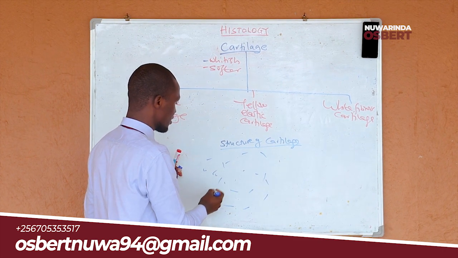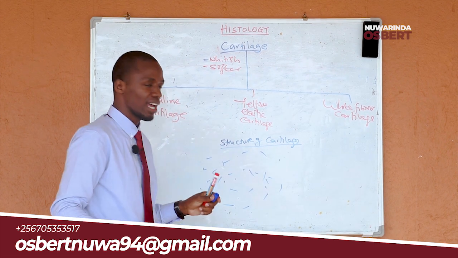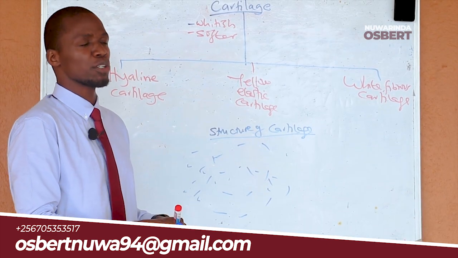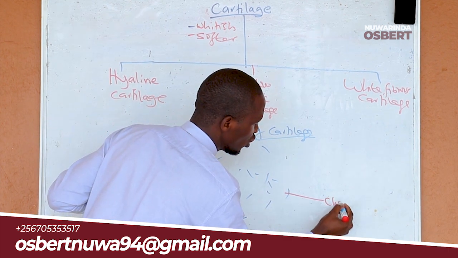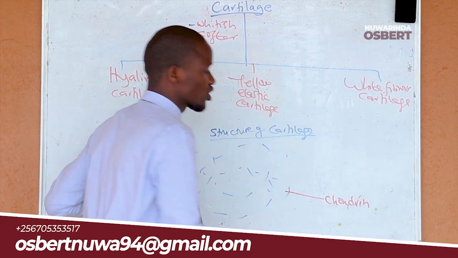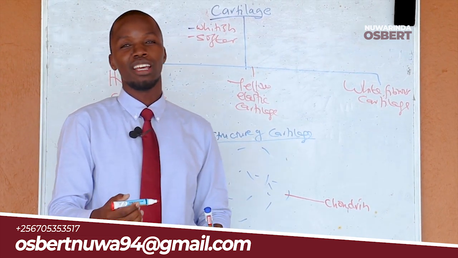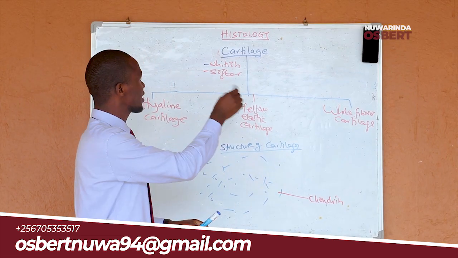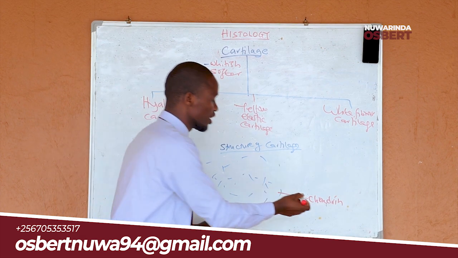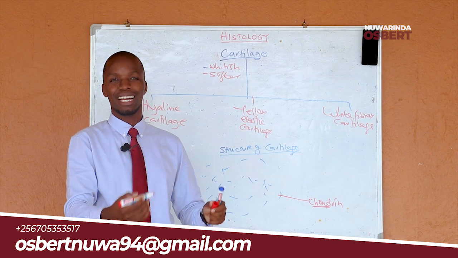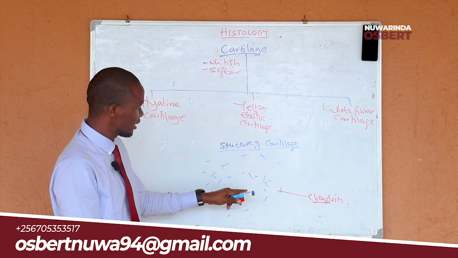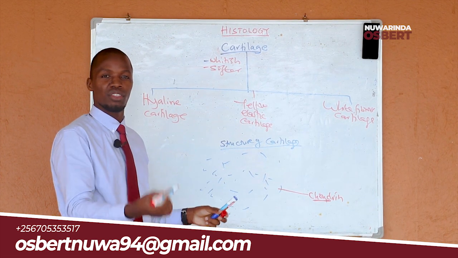Now, this matrix within cartilage has a special name, and this special name is none other than chondrin. In this part of cartilage, we are going to talk more about the word chondrin. Whenever you see the word chondri, that is something to do with cartilage. So the matrix is called chondrin. That's the matrix within the cartilage.